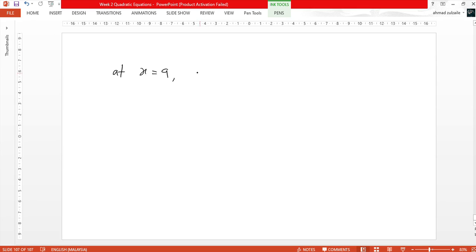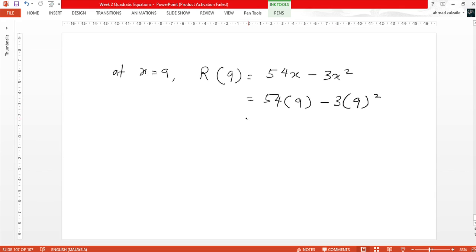So you substitute into the revenue equation, similar to when you find the vertex point. So R(9) is 54x minus 3x squared: 54 times 9 minus 3 times 9 squared. Therefore you will have 243 as the revenue if we take x equal to 9.